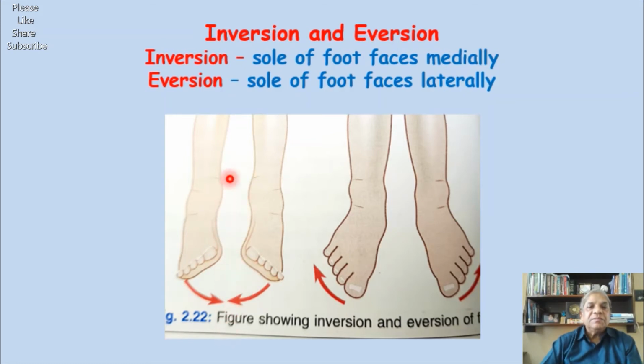When the sole of the foot is facing medially, this is called inversion, and when the sole of the foot faces laterally, this is called eversion. So remember, in means towards inside and ev means the outside. So inversion and eversion.